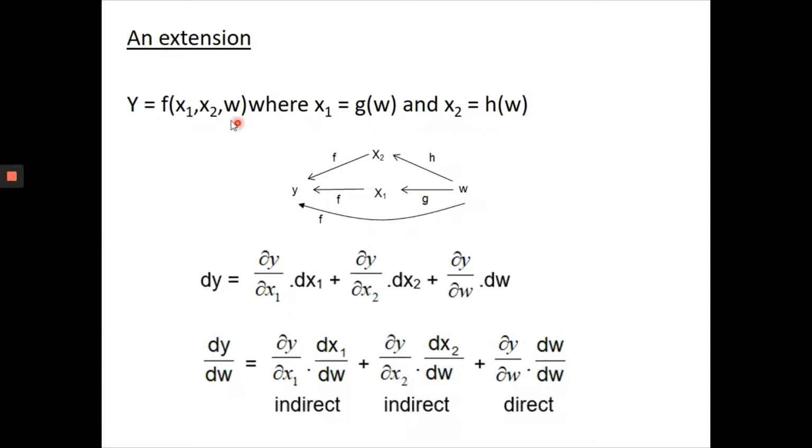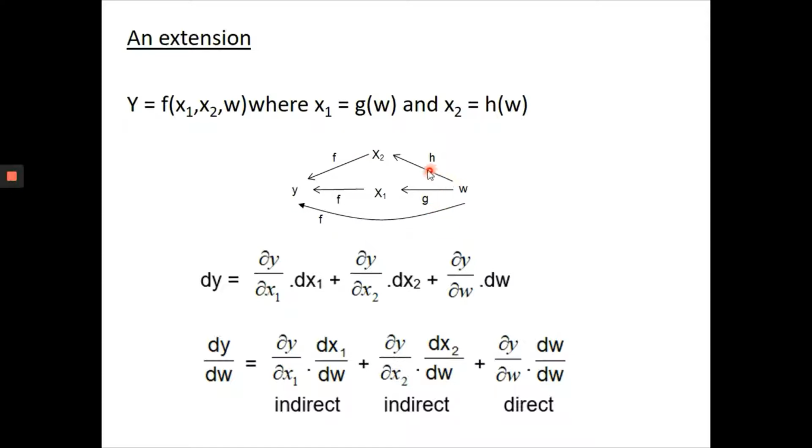First of all, directly, as we can see through this f function, indirectly through g, and another indirect channel through this function h, where w affects x2, and then that affects y. So we've illustrated that here, also using a channel map and illustrating these three channels.